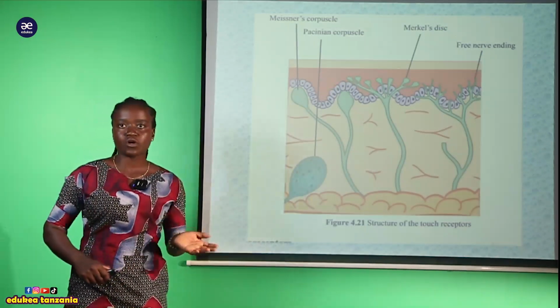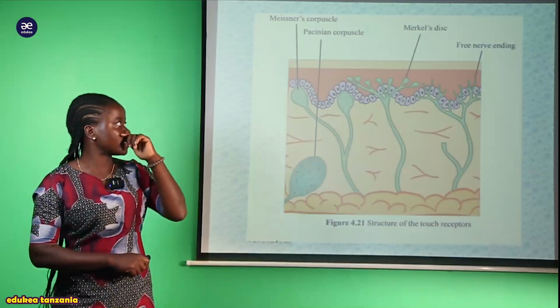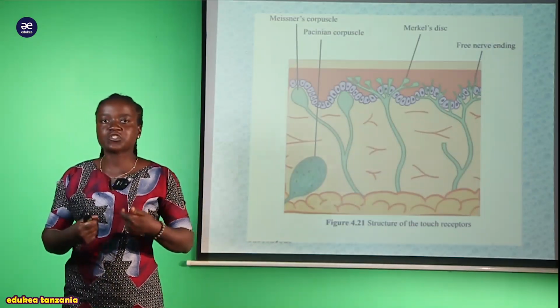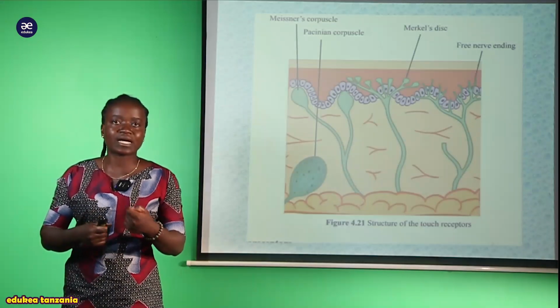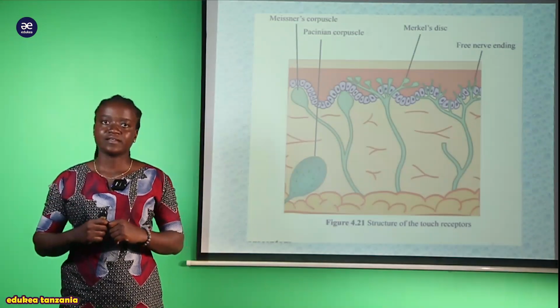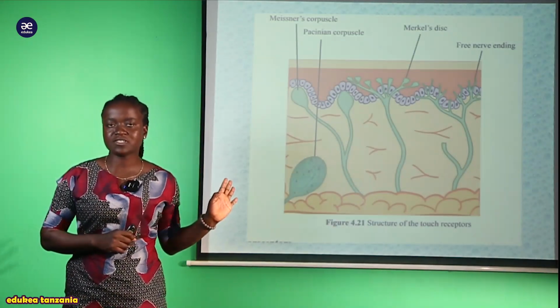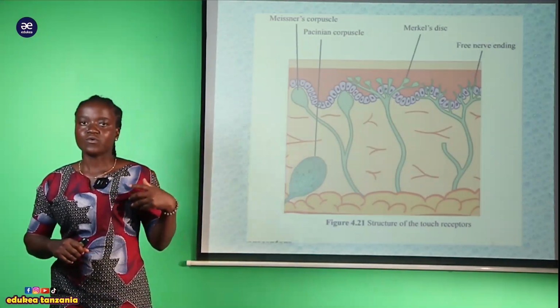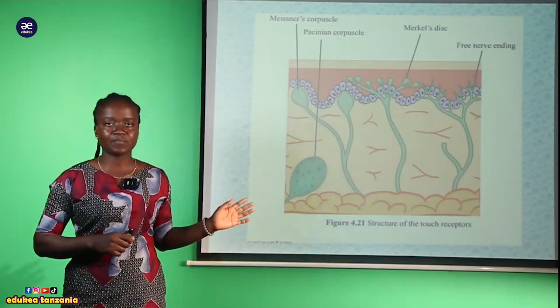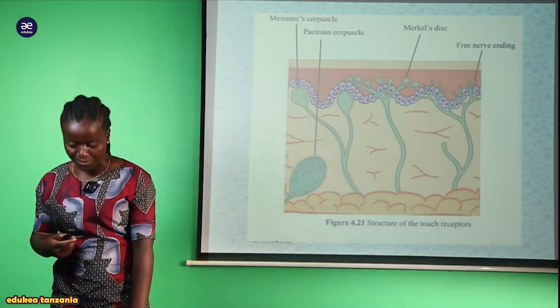All of these capsules and nerve endings are specialized to detect any kind of touch occurring within your skin. So huu ni mfano mzuri sana wa touch receptor ambayo inapatikana within an animal. A good example is the human being.